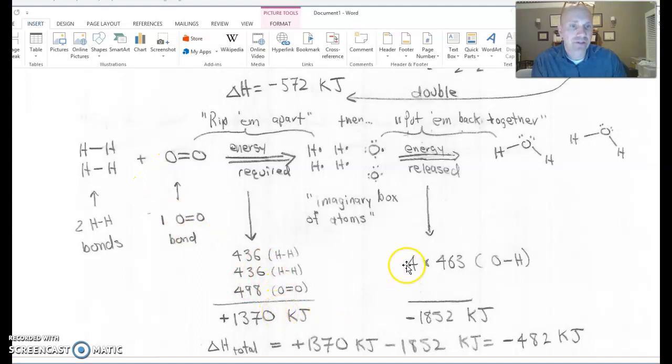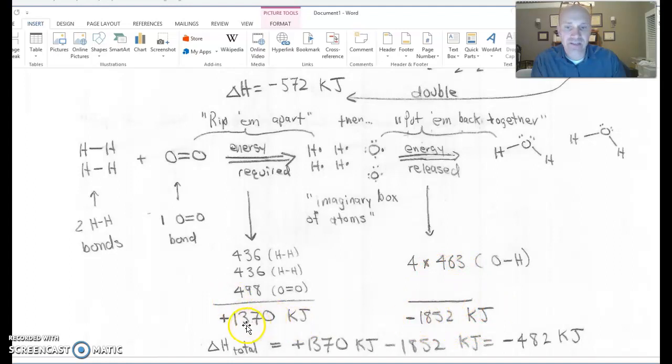Now let's figure out what we need to do here. We need to let these guys reform, so what are the bonds formed? We're going to have a total of 1, 2, 3, 4 oxygen-hydrogen single bonds. So the total amount of energy released is going to be 4 times that, which would be this value right here.